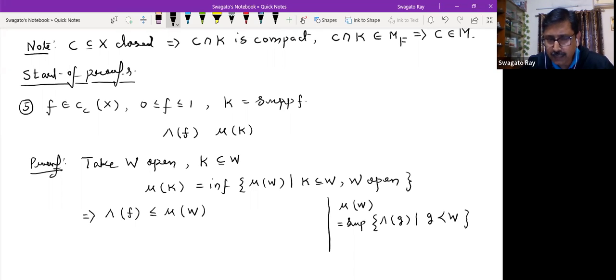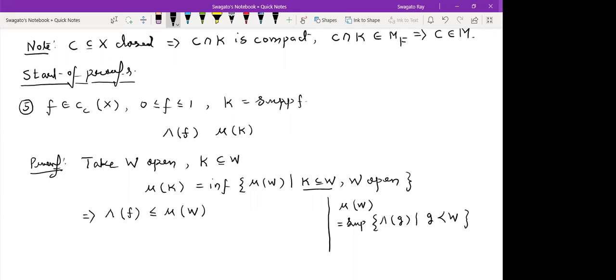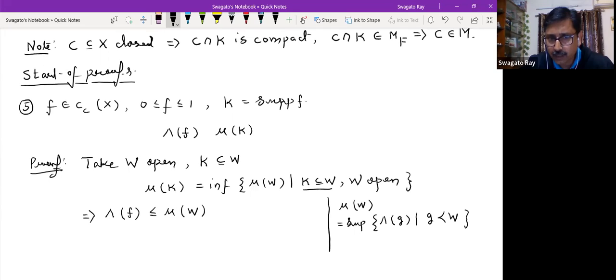Instead of g, can't I take my f? Because the support of f is K and K is sitting inside W. So f is one such g, right? Yes, sir. That means in particular, μW is bigger than or equal to λf.